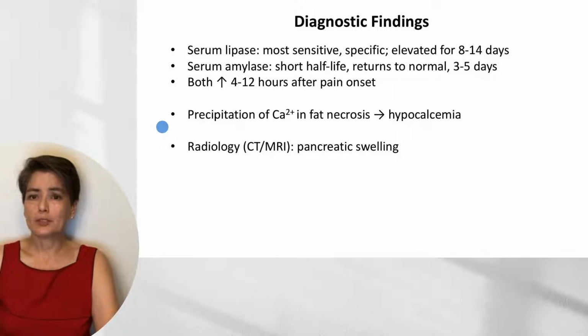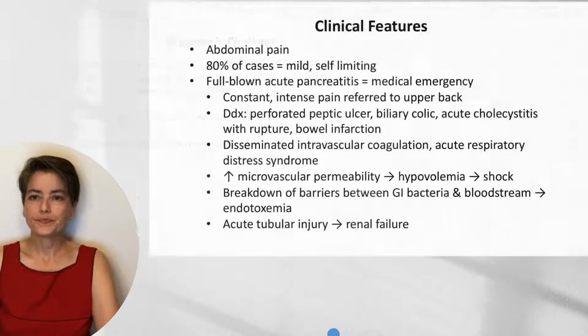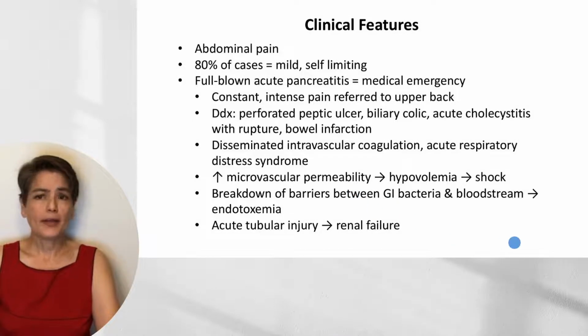Now, another laboratory test of value is to look at calcium levels, because with extensive fat necrosis, we're going to get that precipitation of calcium ions due to saponification, and this can lead to hypocalcemia, which is a negative prognostic indicator. And then radiologically, we can see pancreatic swelling. So how do these patients present?